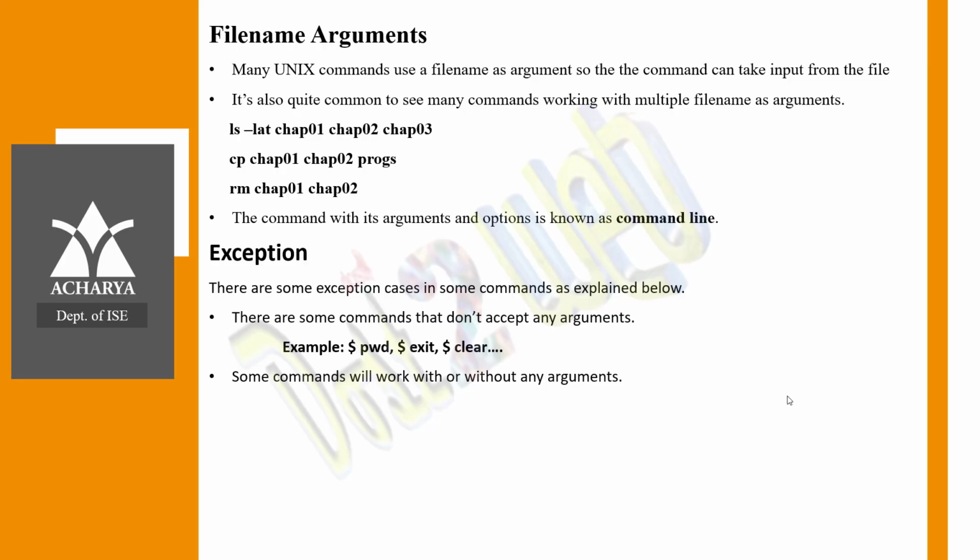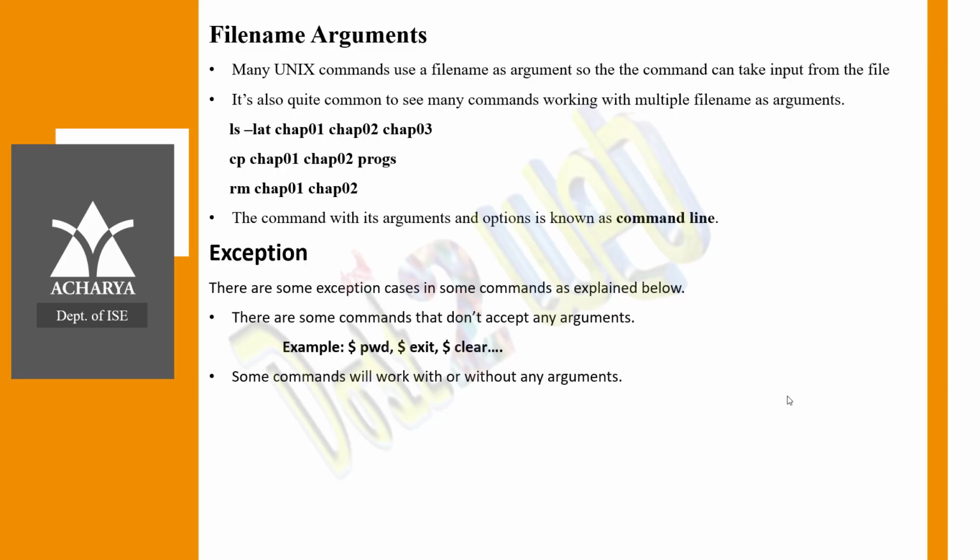You can see that arrow mark, the greater than symbol; before that only the dollar will be there. You just write pwd, exit, clear. These are some common commands that do not accept any argument; you directly type the command.